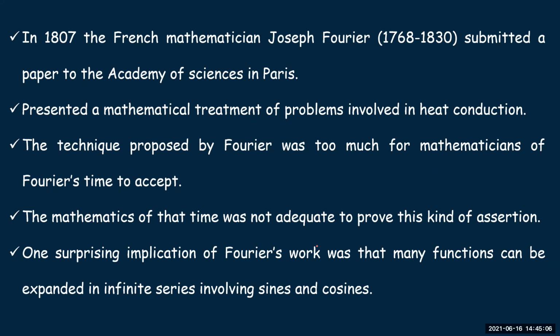Mathematical operations which are difficult or impossible in the time domain become very easy or possible in the frequency domain. Usually, students ask me, what is the main advantage of Fourier series? Whatever mathematical operations we need to perform on a function defined in the time domain, in real life, we try to convert it into its frequency domain using this Fourier series.